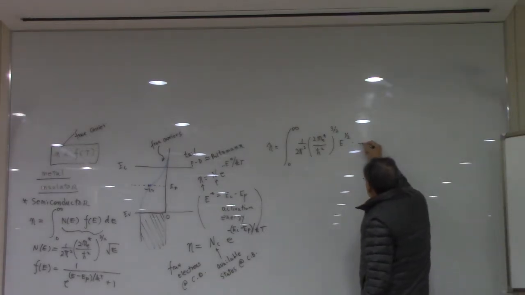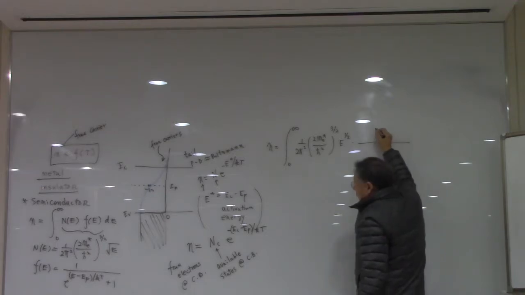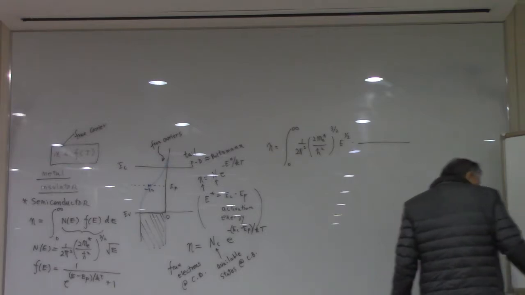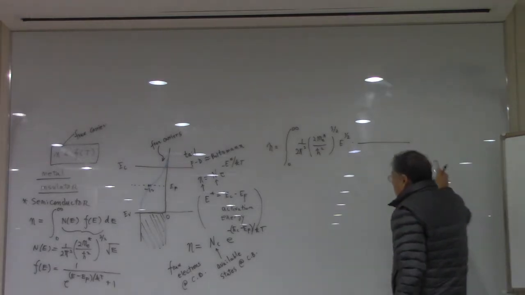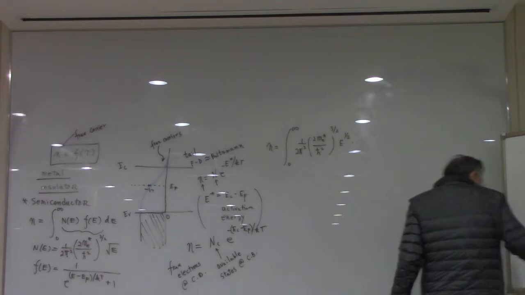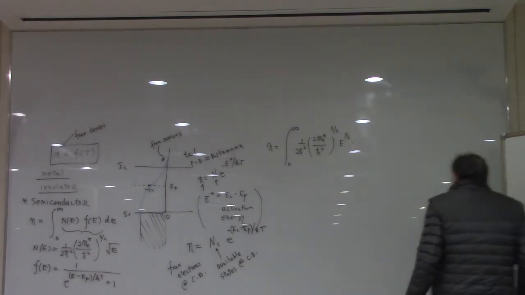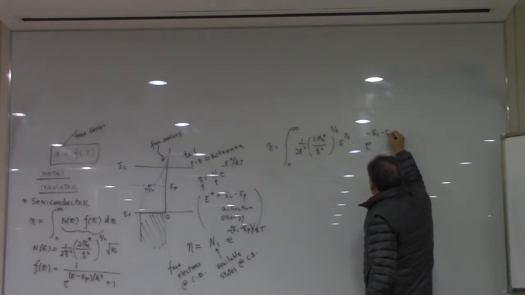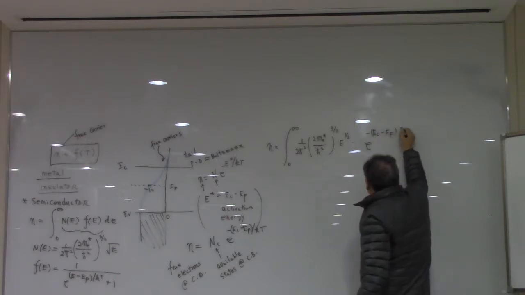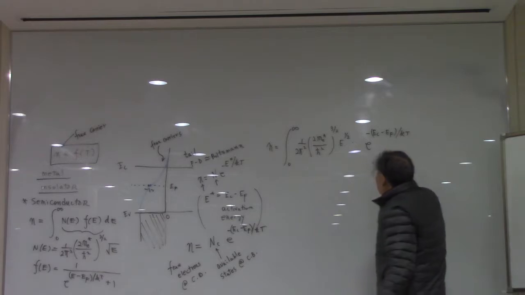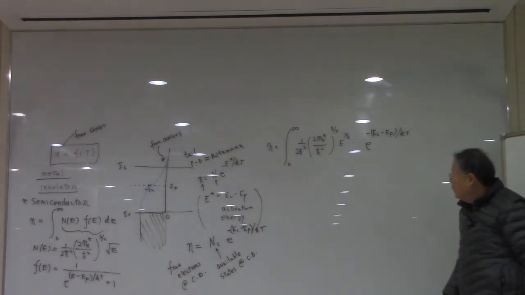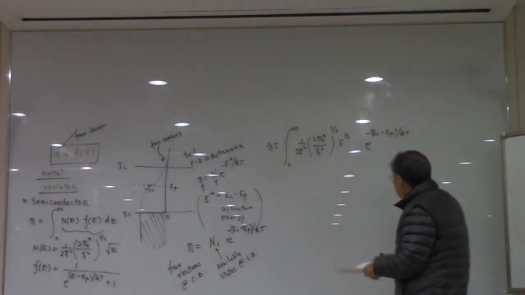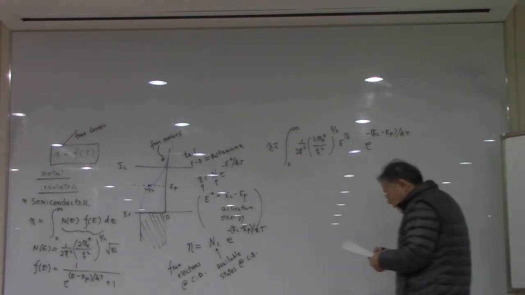And then we're going to put in a Fermi-Dirac statistics, but instead we are going to use the Boltzmann statistics, which is going to be e to the minus (E_C minus E_F) over kT. That is the Boltzmann. So we approximate n to be something like this, okay?